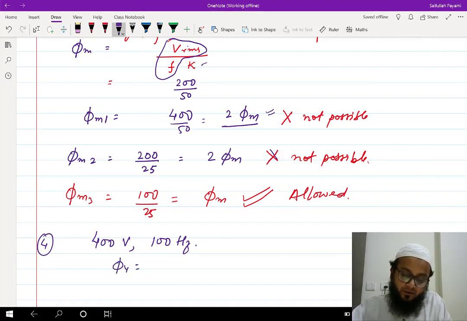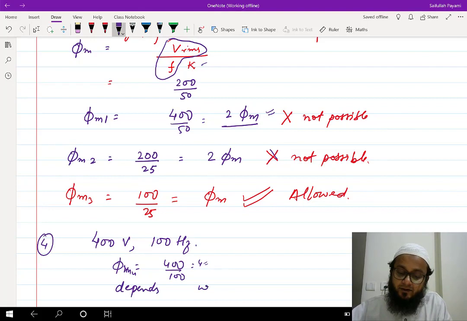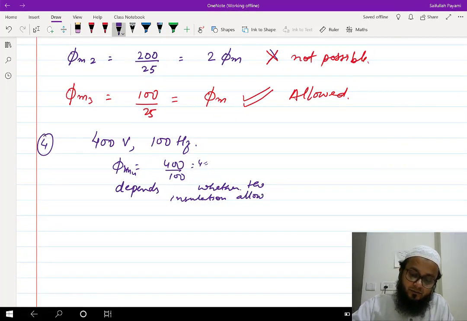Phi m4 is 400 by 100, which is 4, this ratio. So my answer would be that it depends on whether the insulation allows this much voltage.